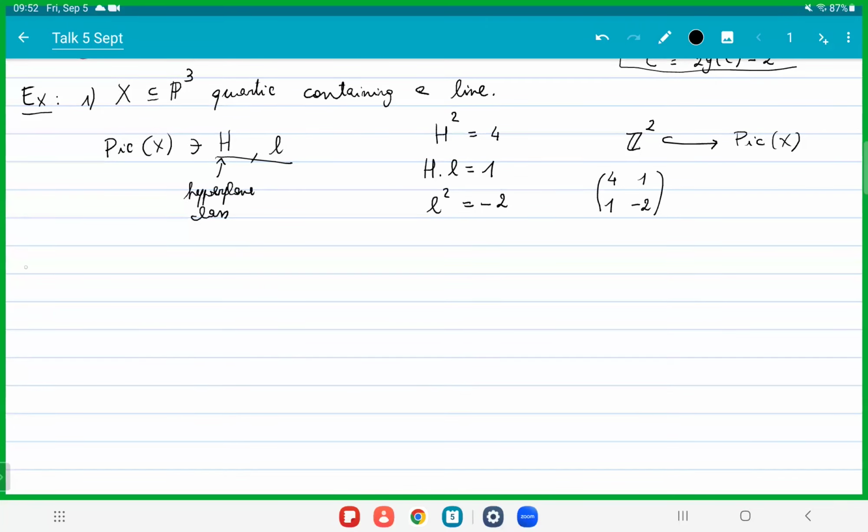The second example that I'd like to give is what happens when we have an elliptic K3. Probably I should at least try to define what an elliptic K3 is. I'm going to be a bit sloppy and just define an elliptic surface for K3 surfaces.